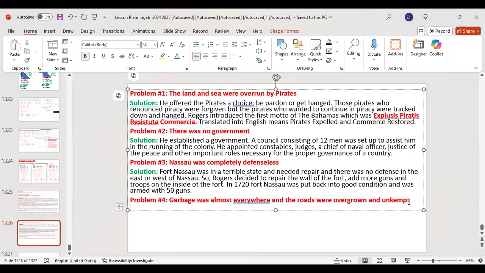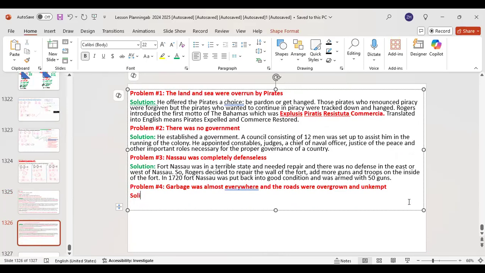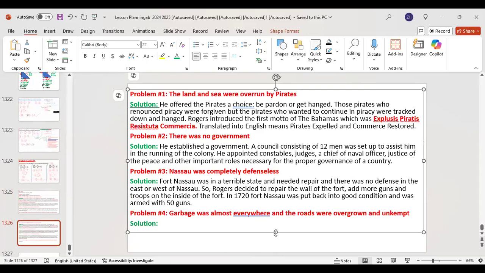And then the solution was he told the people, listen, y'all have to clean up. We can't be living in this place that is unkept. So they had no choice but to clean up.